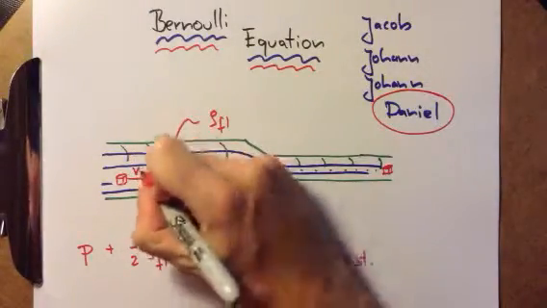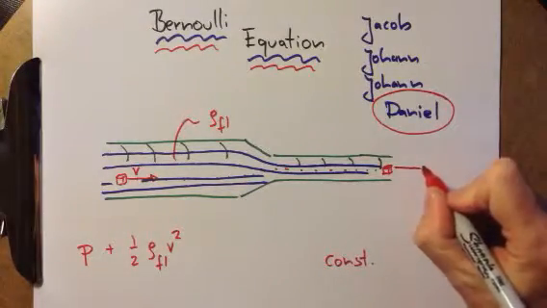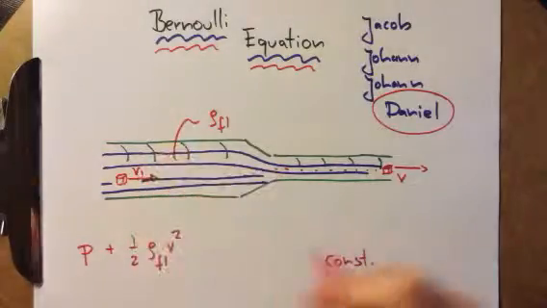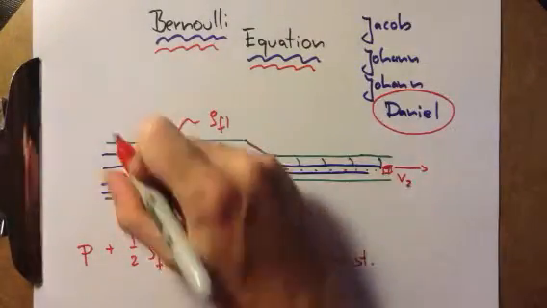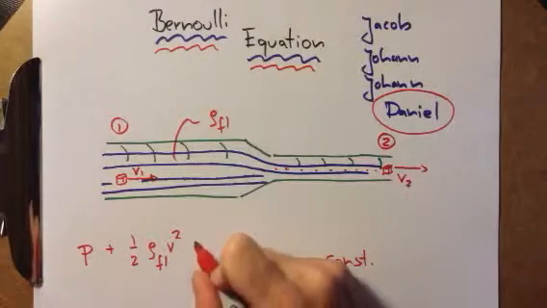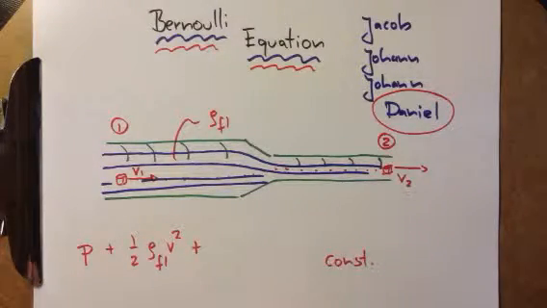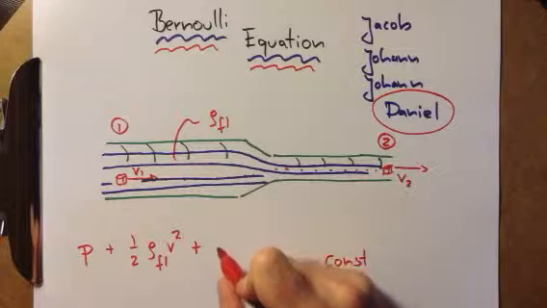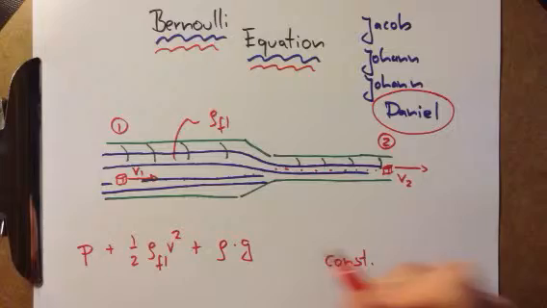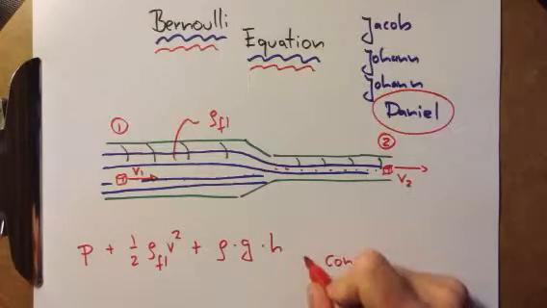So we've got a V at this point, and we've got a V at that point. So this might be V1 and this might be V2, and we could call this point 1 and this point 2. And finally, adding to this sum is a potential energy term, rho times gravitational acceleration times height.